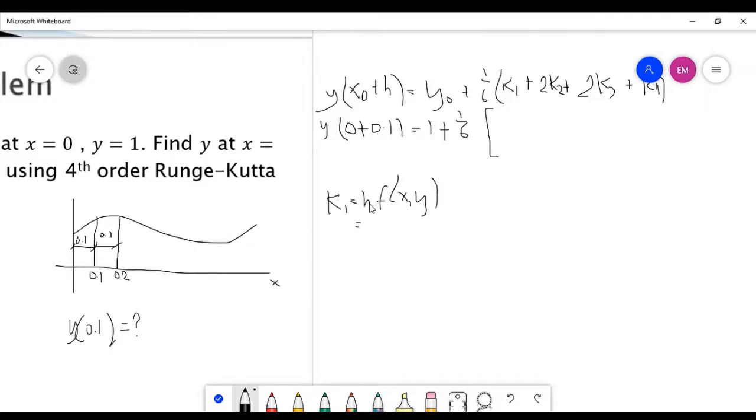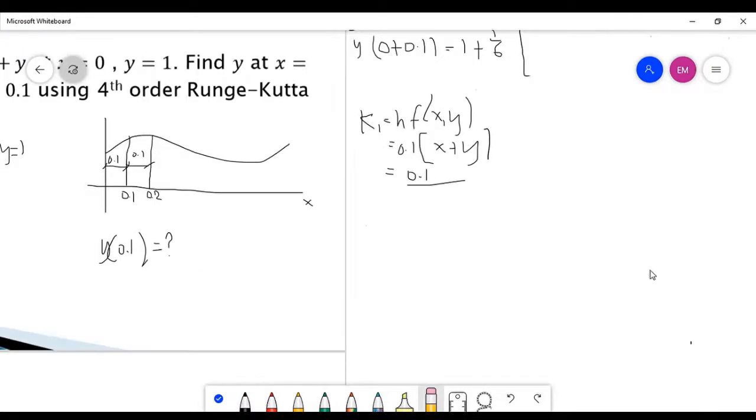So we have h, 0.1, times the function. The function is again simply x plus y. So we just multiply the given. Your x is 0 and your y is 1, times 0.1. So we have here 0.1.